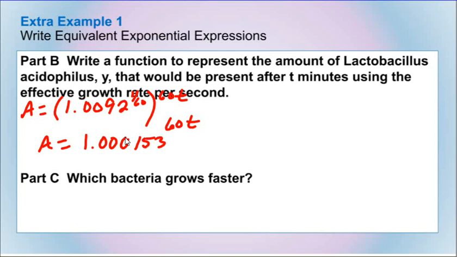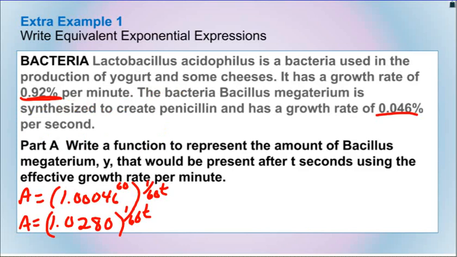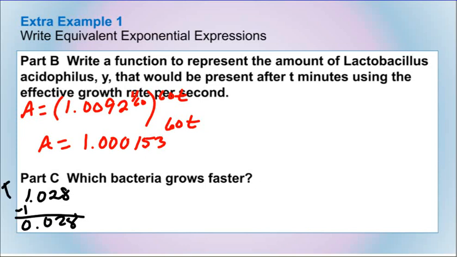And then we just compare the two, which one grows at a faster rate. Now, if I take my base and subtract 1 from both of them, so if I do the first one, your base was 1.028. If I subtract 1, I'm left with 0.028. So that one was our Bacillus megaterium. So I'm just going to label that our BM.